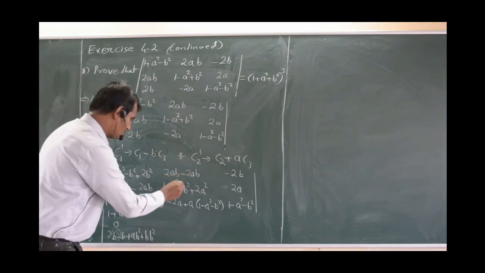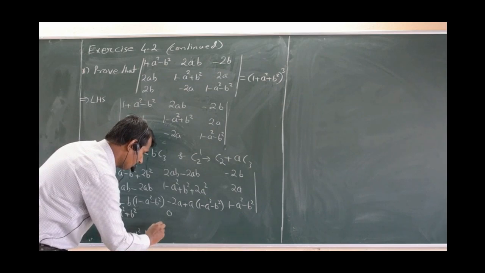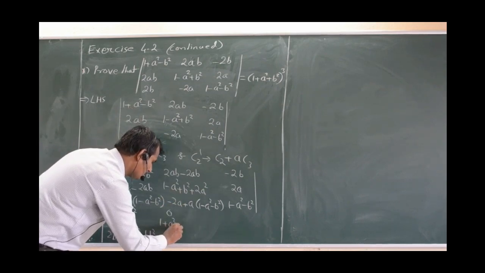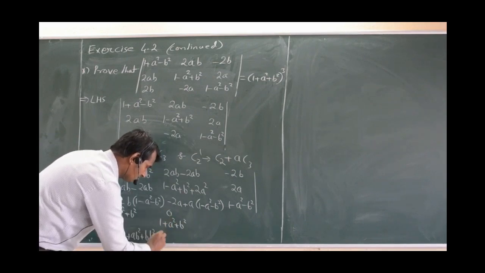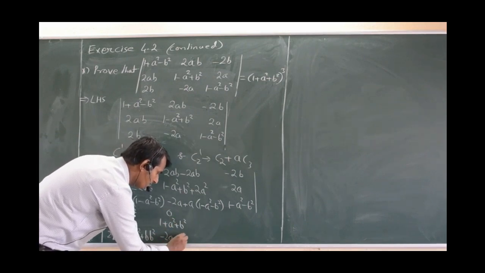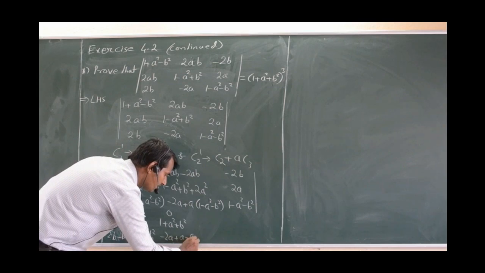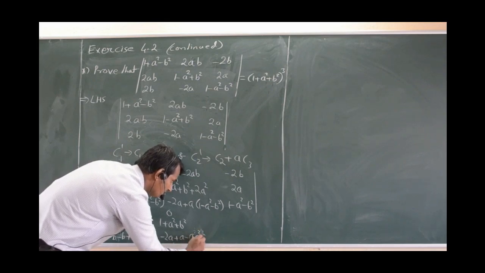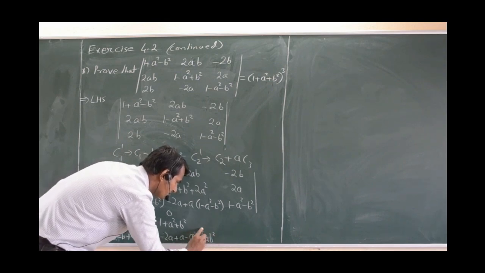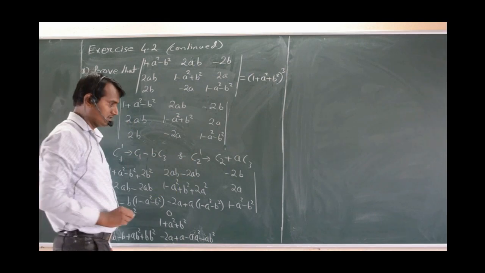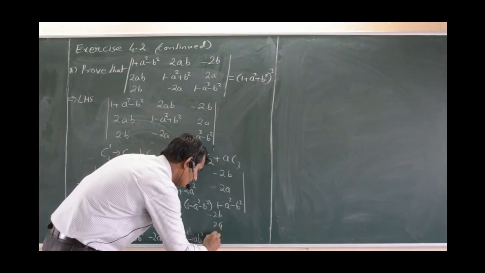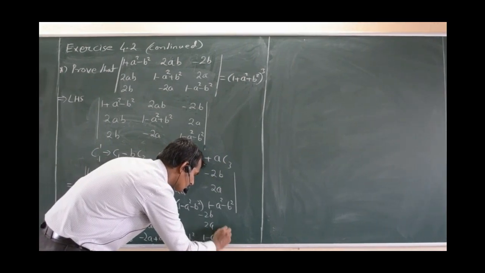Here 2ab minus 2ab, the value is 0. 1 minus a square plus the whole thing, that is 1 plus a square plus b square, and here also the same thing, minus 2a plus a minus a square minus b square, minus a into a square minus ab square. At last the third column as it is, that is minus 2b, 2a, 1 minus a square minus b square.